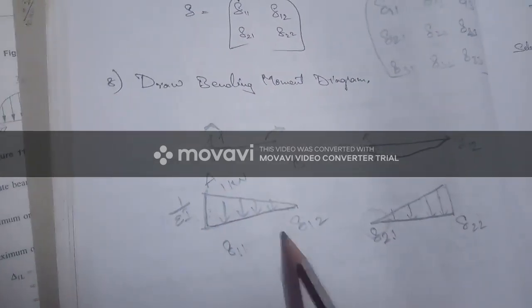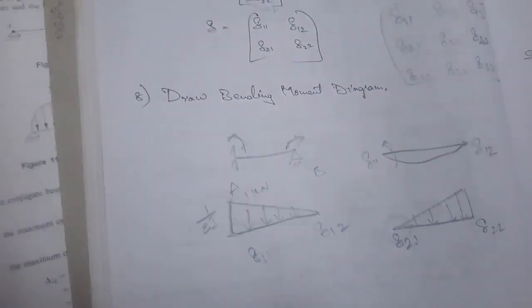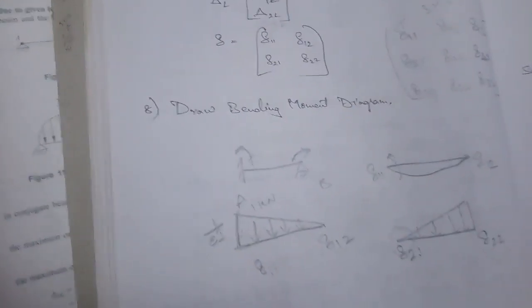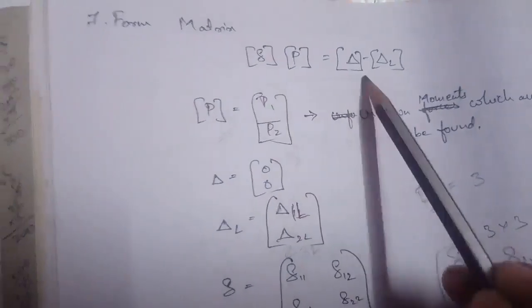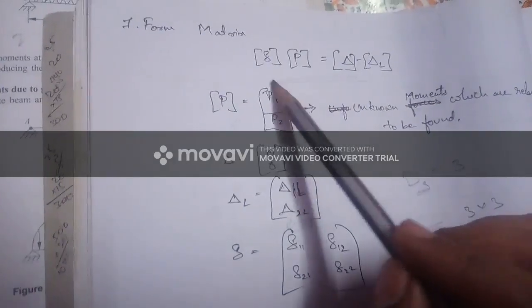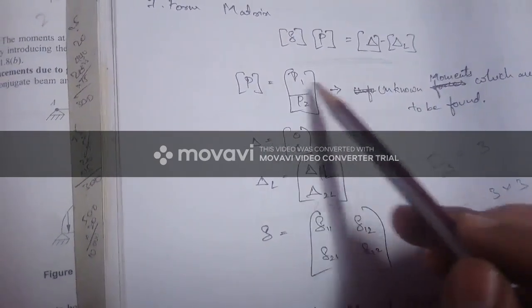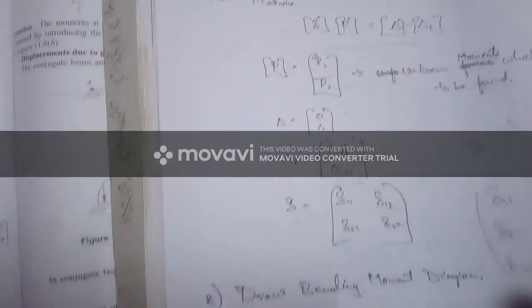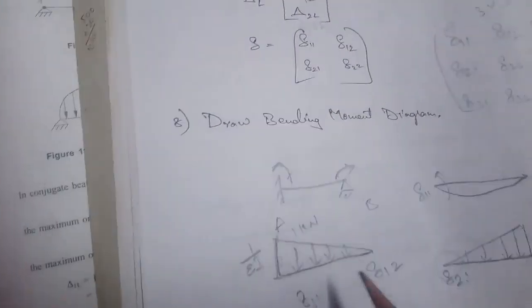By these values we will take out the matrix form, and then we will go for forming the matrix. After forming the matrix, by using the matrix equation, you will find the values of P1 and P2. After that, draw the bending moment diagram.